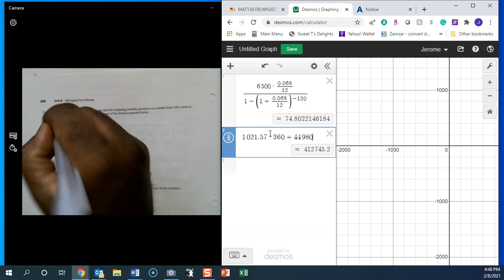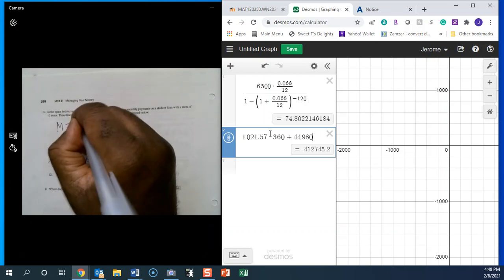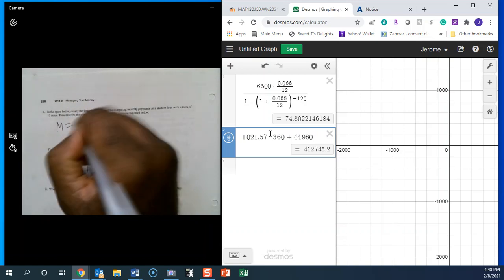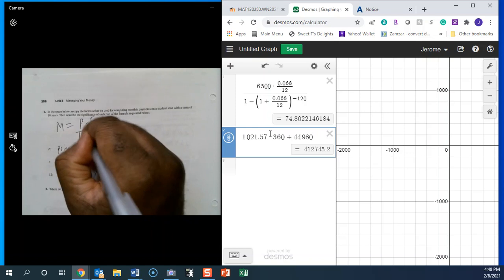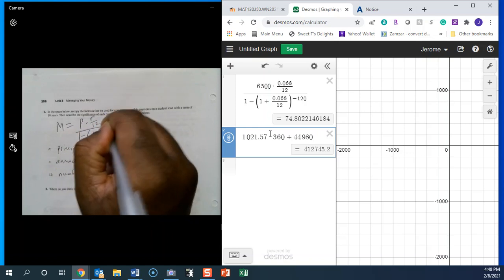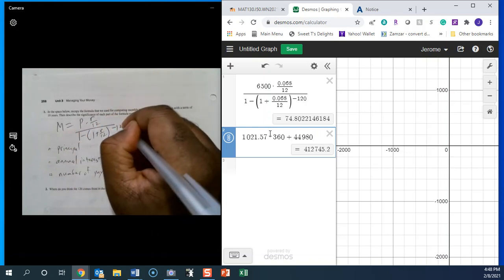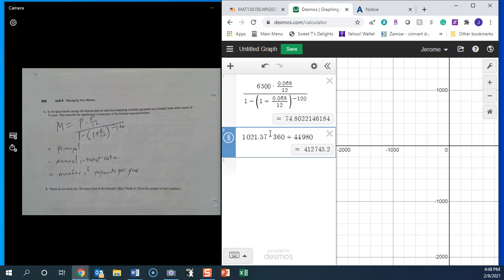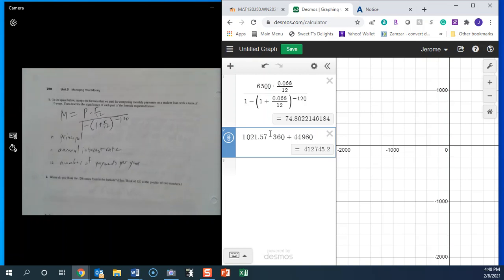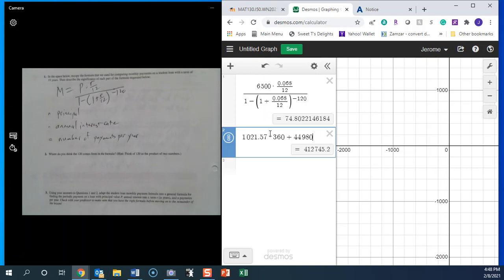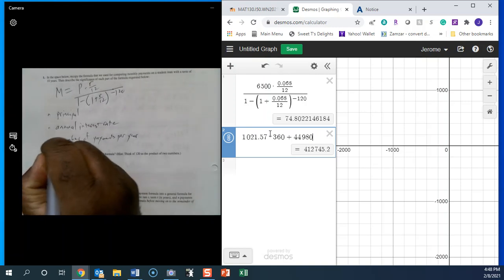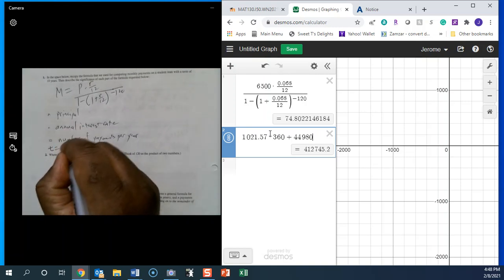All right, so the formula was M is equal to P times R over 12 divided by 1 minus 1 plus R over 12, and then we add the negative 120. That was for 10 years. Where do you think the 120 comes from in the formula? So we will put T, and this would be equal to years.